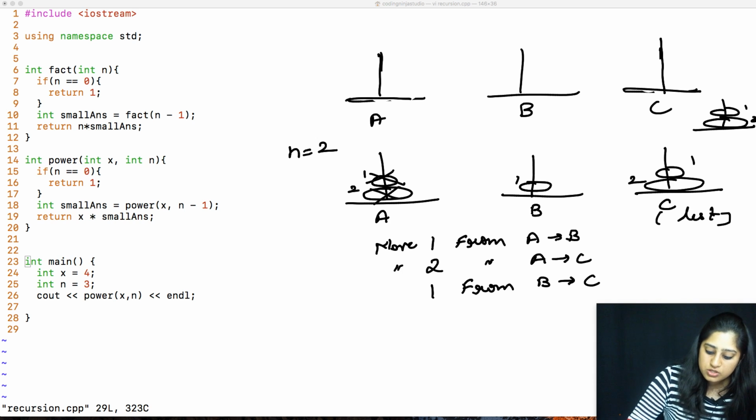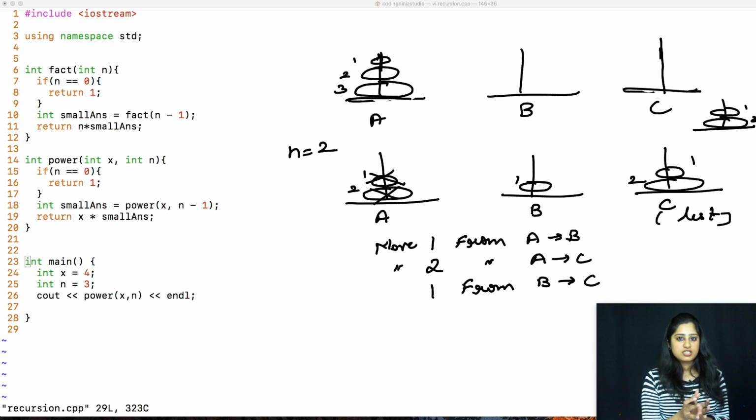So 1, 2, 3. These are the 3 discs in hand.